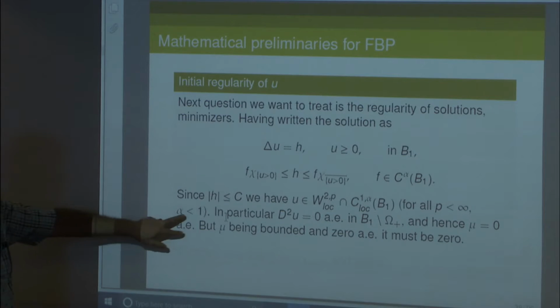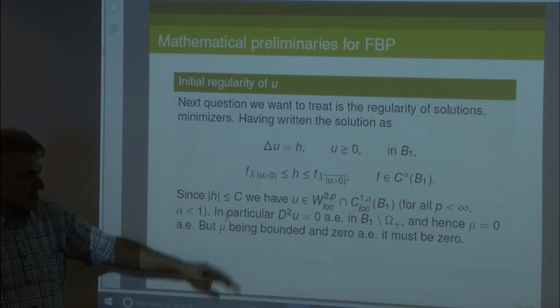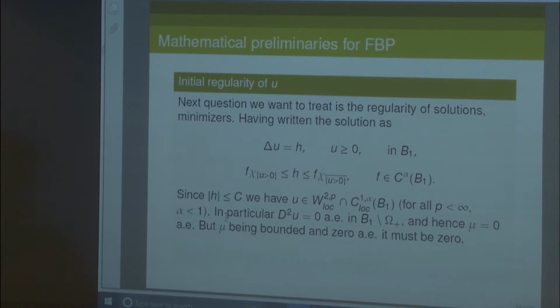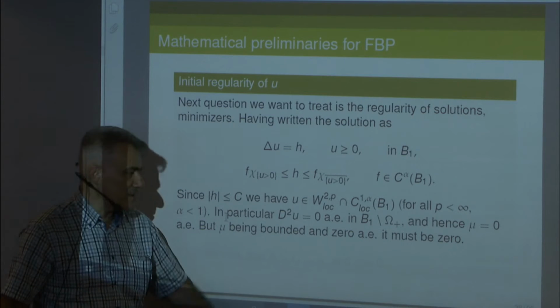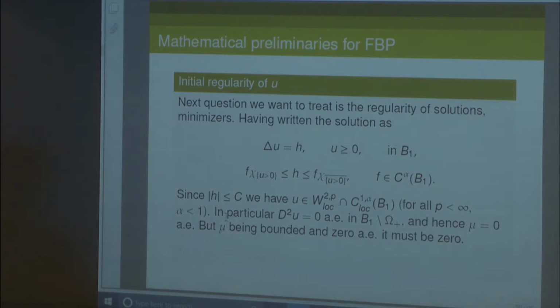This part, the last sentence, is also an exercise. What you get is that D2u is actually 0 almost everywhere in D1 minus omega plus, because u is 0 there. Again, the same conclusion: if u is 0, all its derivatives are 0 almost everywhere. So the measure is 0 almost everywhere.